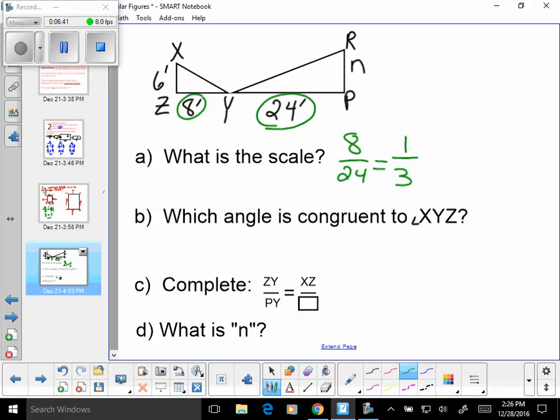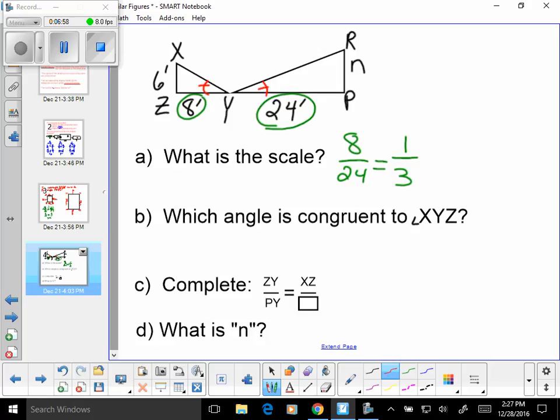In question B, it says which angle is going to be congruent to angle XYZ. Well, XYZ is this angle right here, and it's pretty apparent that it has to be congruent to that angle. Now here's where I've got to be careful.